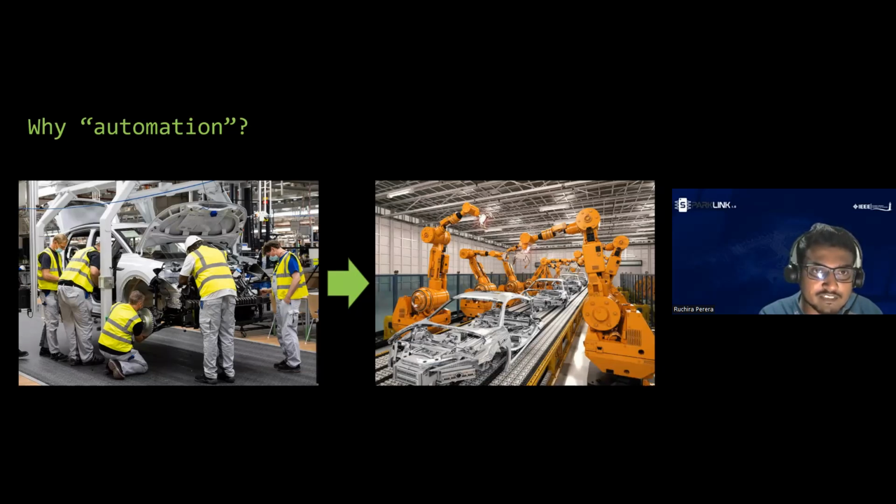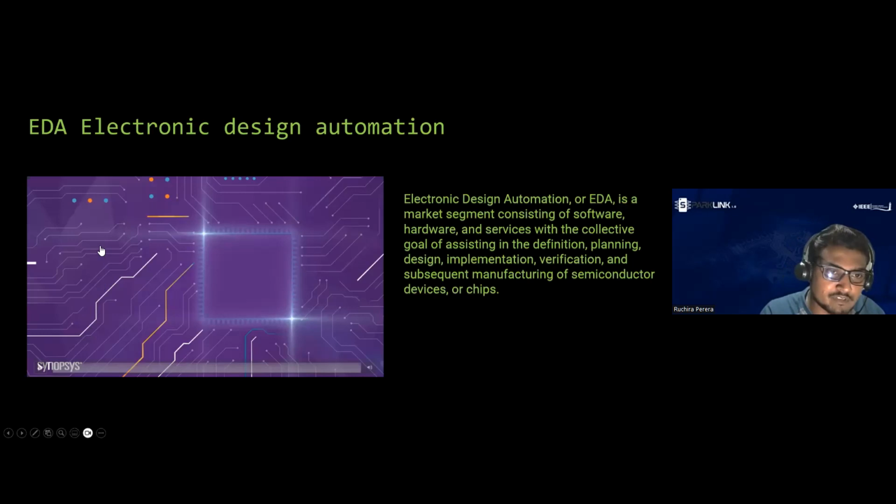And how is this automation going to connect with the subject that we are going to learn today? So now I'm coming to this slide again. This is electronic design automation, and why do we have an automated platform in electronic design? I'm going to give you another example.